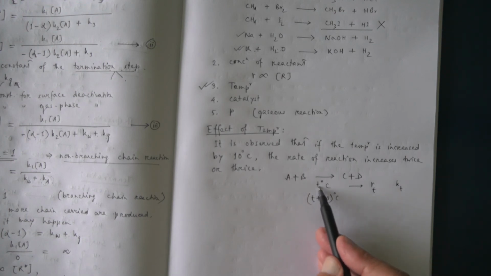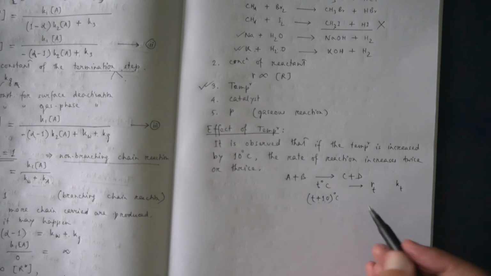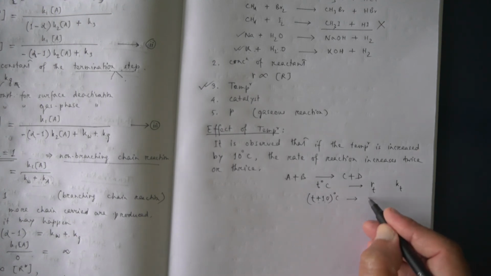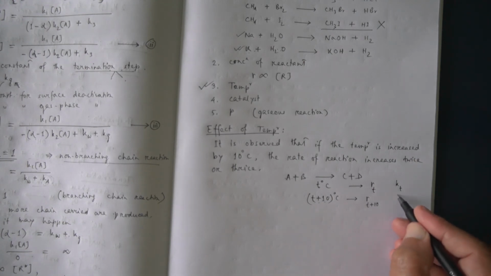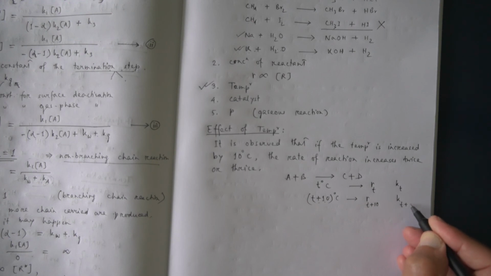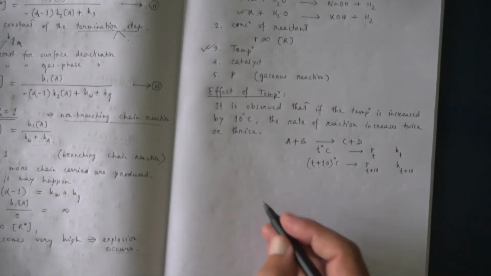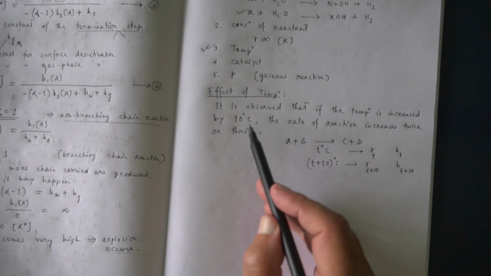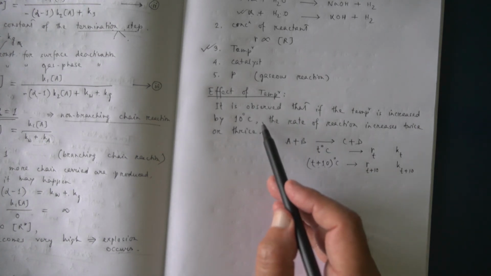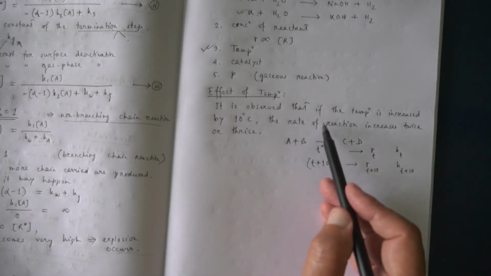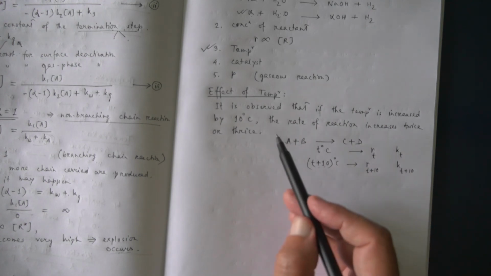If it is 25 degrees, then it will be 35 degrees. Okay. In that case, the rate is say R at T plus 10 and the rate constant is K at T plus 10. Now what is observed? If we increase the temperature by 10 degrees Celsius, the rate increases twice or thrice.